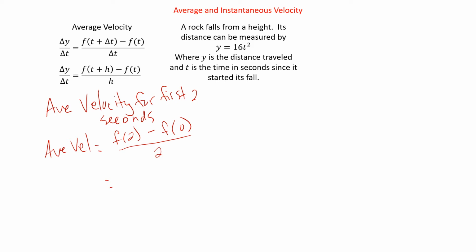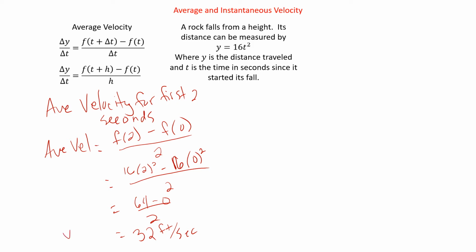So we'd plug in 2, we'd have 16 times 2 squared, minus plug in 0, 16 times 0 squared, divided by 2. 16 times 2 squared is 4, times 16 is 64, minus 0 over 2, and then 64 divided by 2 is 32 feet per second, is the average velocity as the rock is falling for the first 2 seconds.